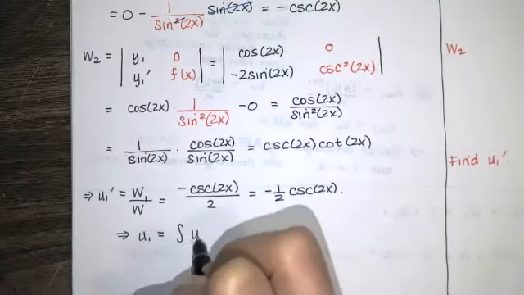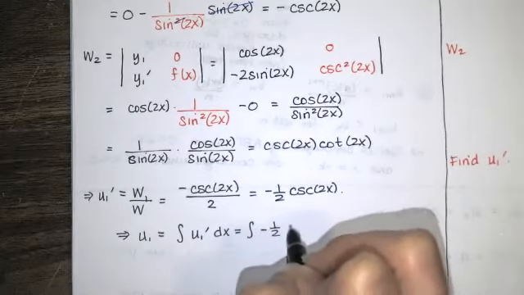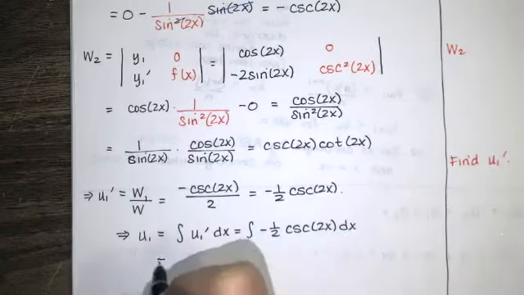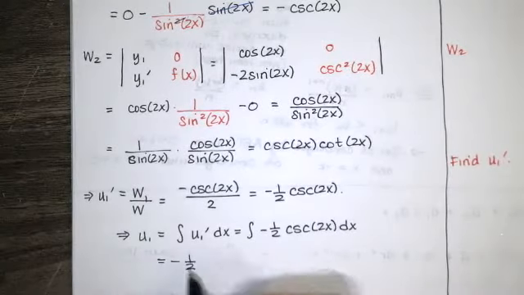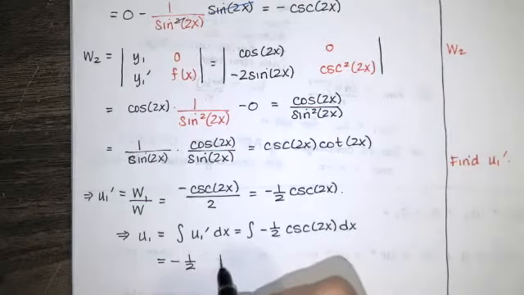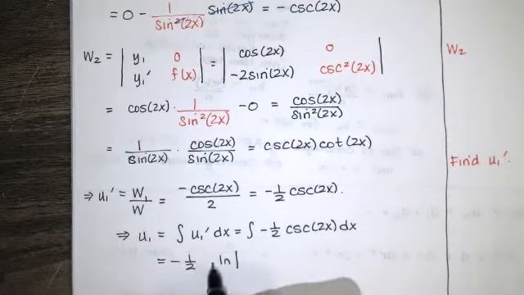U1 is the antiderivative of U1 prime. So we bring the negative 1/2 down. The antiderivative of negative cosecant is a negative natural log, so it's going to be a negative times a negative.